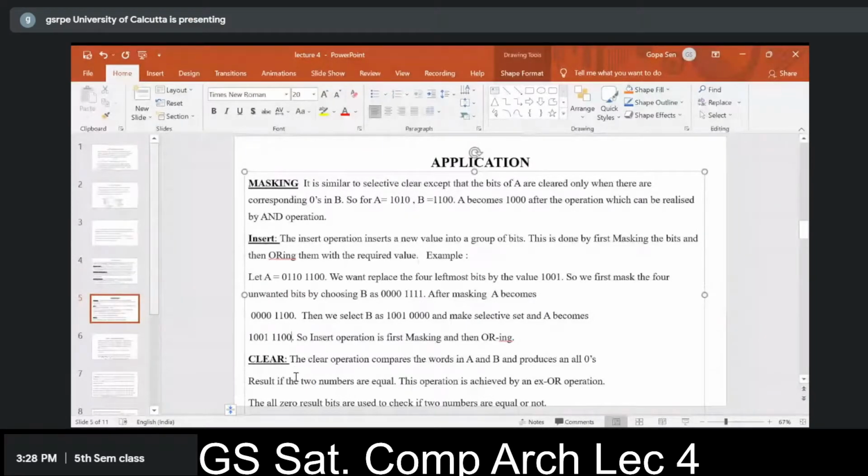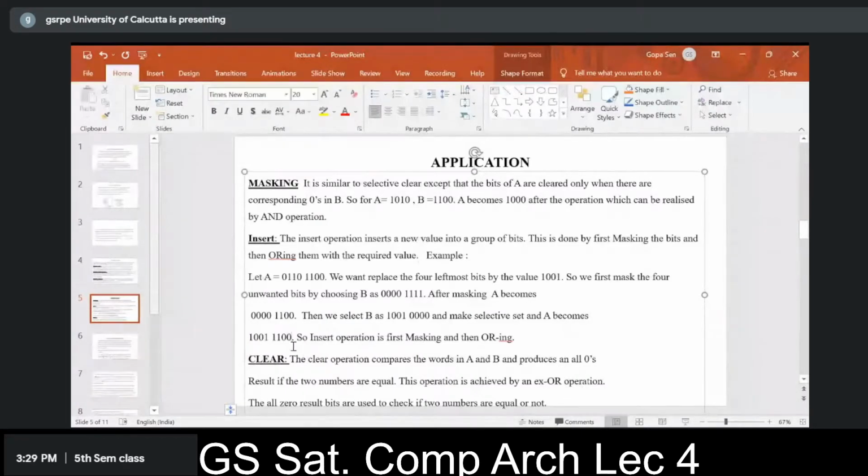Next, there is another operation which is known as the clear operation. Clear operation basically compares the contents of 2 registers, and if they are the same, an all 0 output is obtained. This operation is done with the help of an XOR gate.